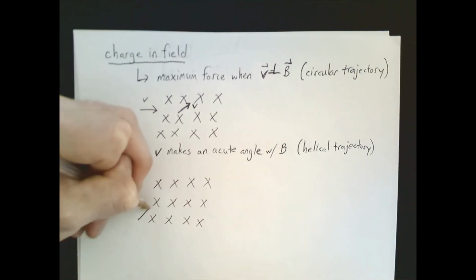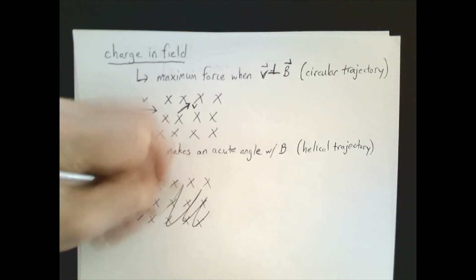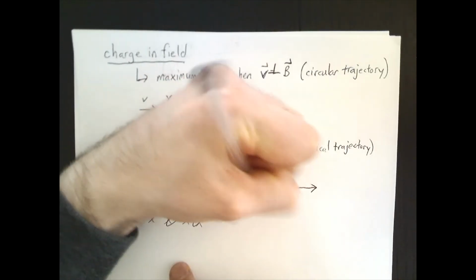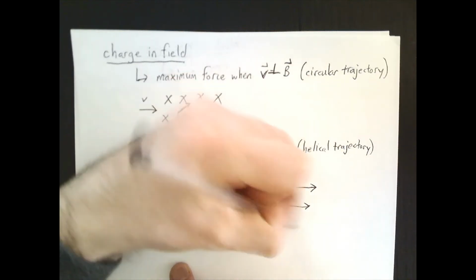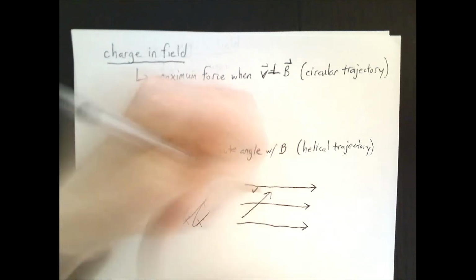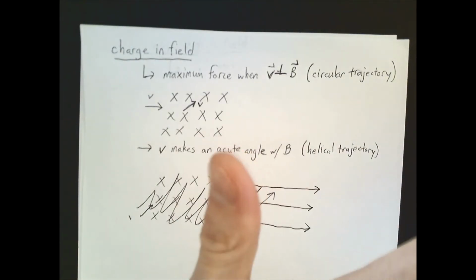Let's do it this way, it'd be easier to show. Now I've got a velocity vector that goes this way. If we were going directly up the page, it would be pushed directly down into the circle.